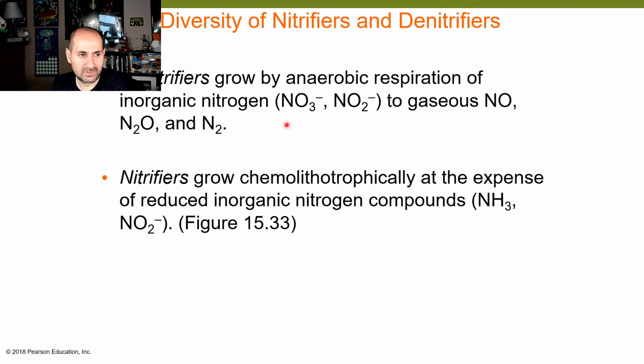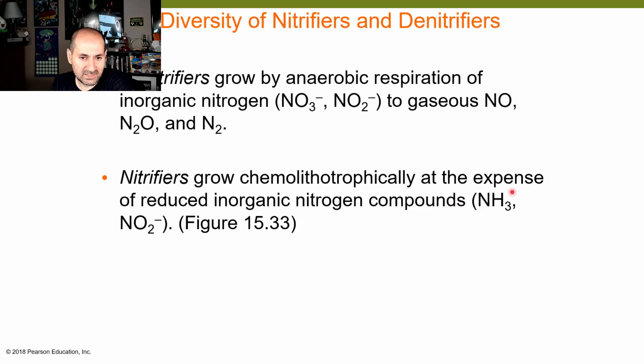Does that make sense? So denitrifiers, again, they breathe nitrate and nitrite. They end up reducing nitrate and nitrite to these other types of non-usable nitrogen. Nitrifiers do the opposite. They grow chemolithotropically at the expense of reduced inorganic nitrogen compounds.